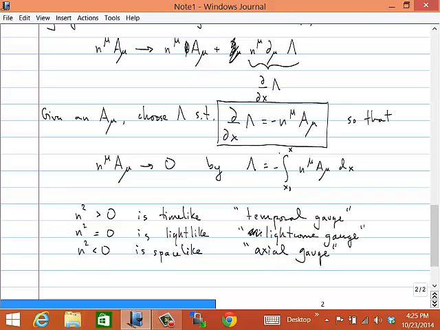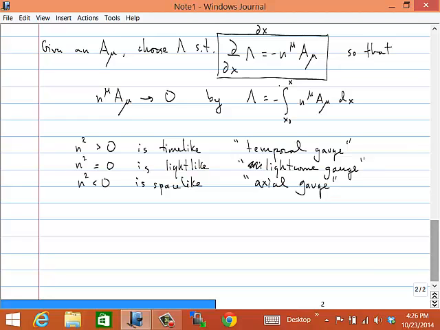Okay. So these are three different examples of ways that you could impose some condition on A, which would restrict the possible allowed potentials that would appear when you, for example, try and find solutions to the equations of motion. What I would like to do in this class is something a little different.